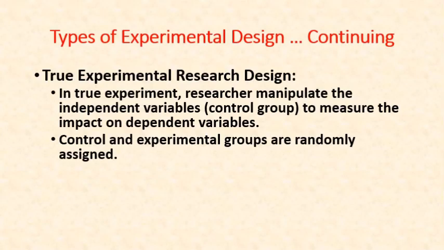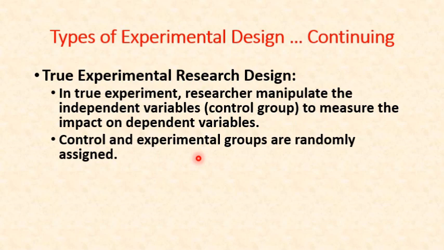Next type of experimental research design is true experimental research design. It is the research design for a true experiment or real experiment. In a true experiment, the researcher manipulates the independent variables or control group to measure the impact on the dependent variable, that is the experimental group. So in a true experiment, the researcher manipulates the independent variable to measure the impact of this independent variable on the dependent variable.